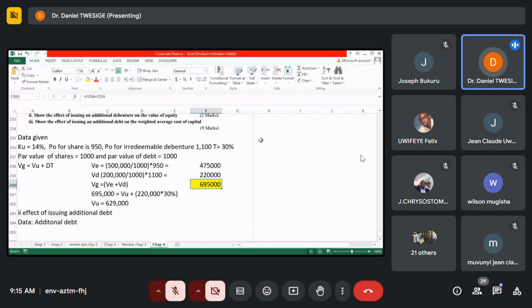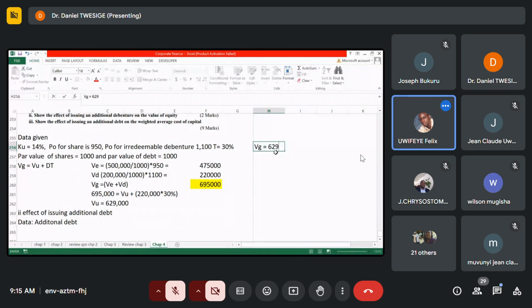Now, if I want to get the value of a geared business using the other approach, it will be 629 plus 220 times 30%.